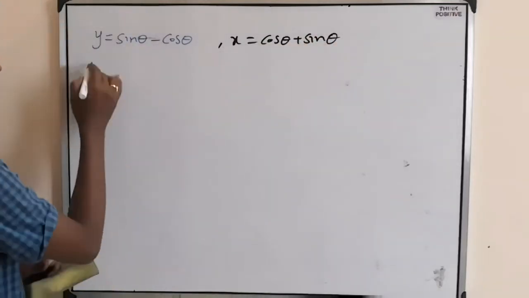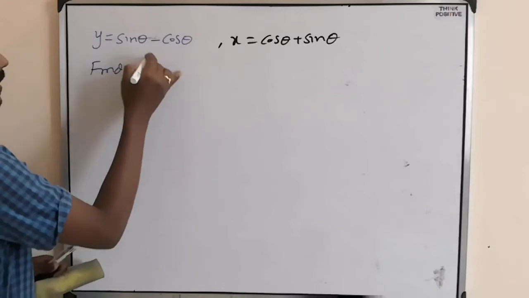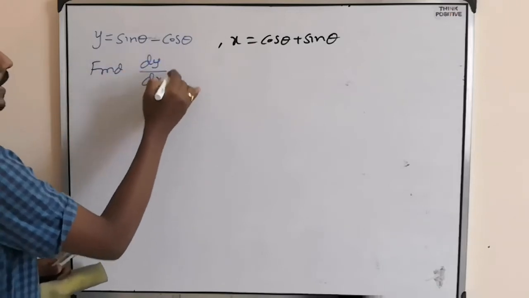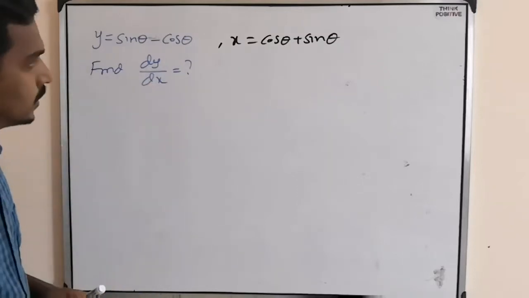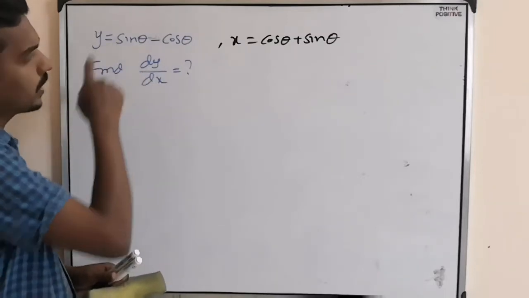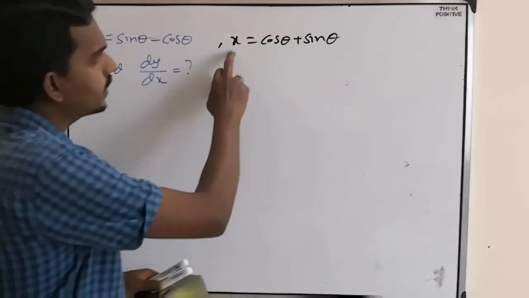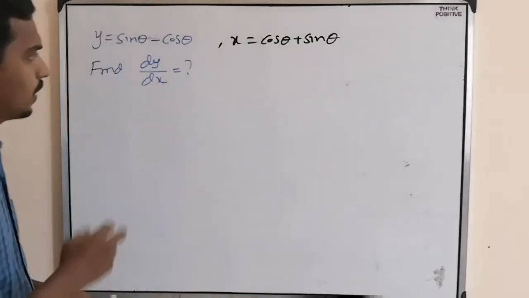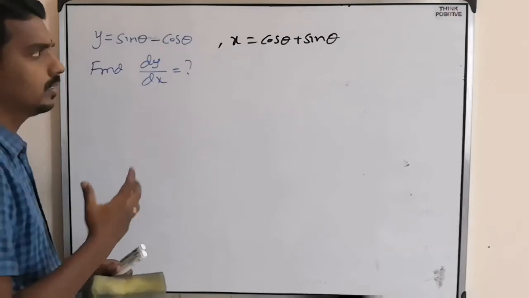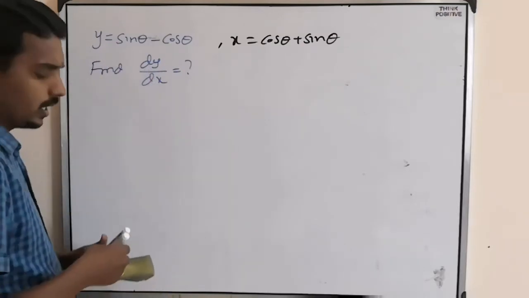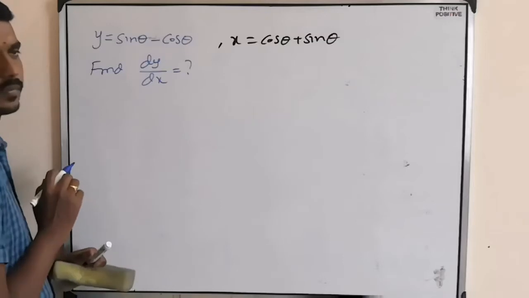Then the question is: find dy by dx. See, y is a function of theta, x is a function of theta, but they are asking dy by dx. Then you have to think in this way.